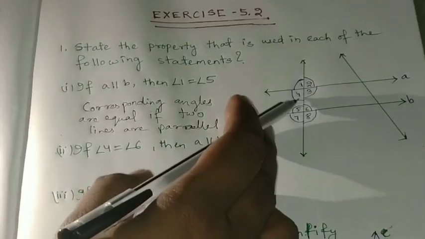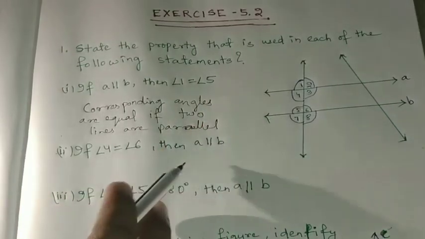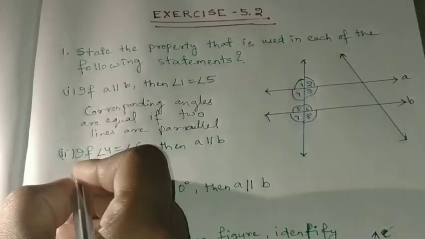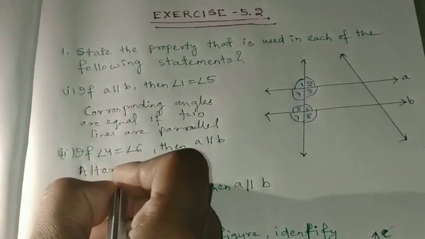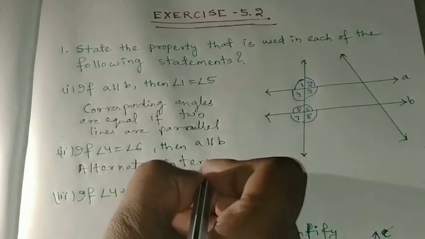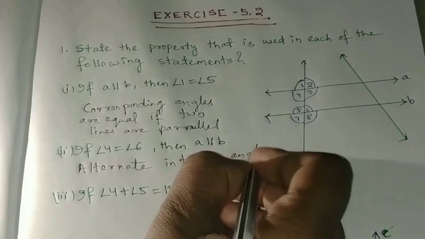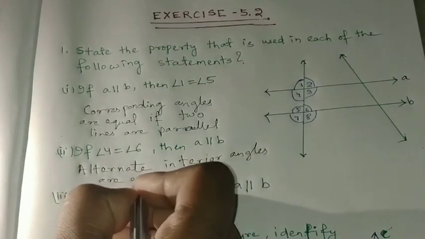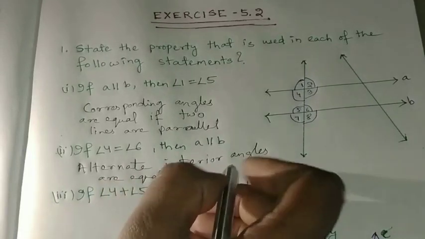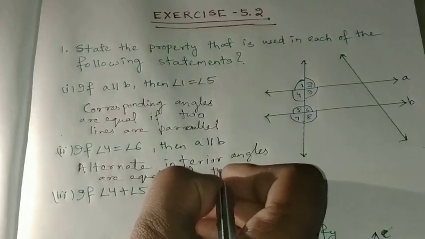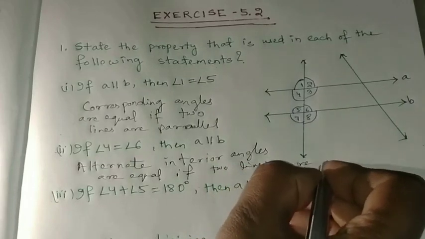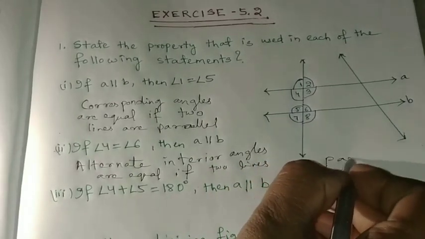So you can write that if alternate interior angles are equal, then the two lines are parallel. The property is: alternate interior angles are equal if two lines are parallel.